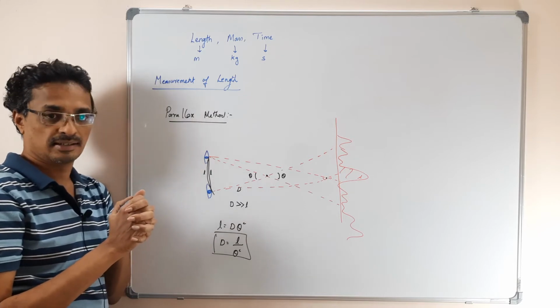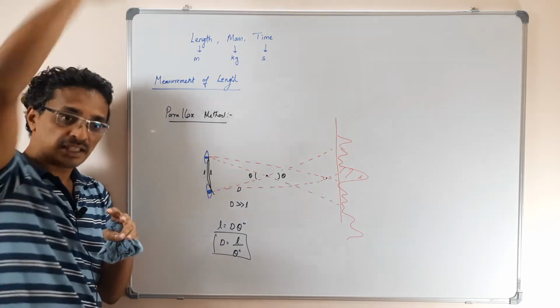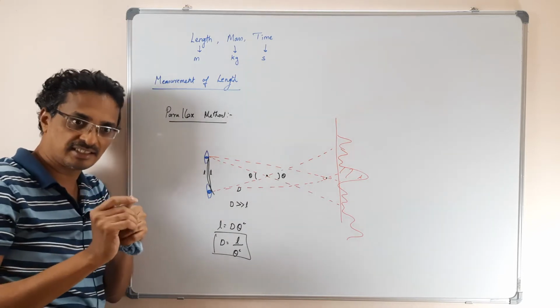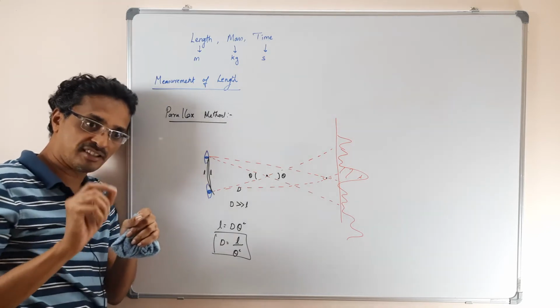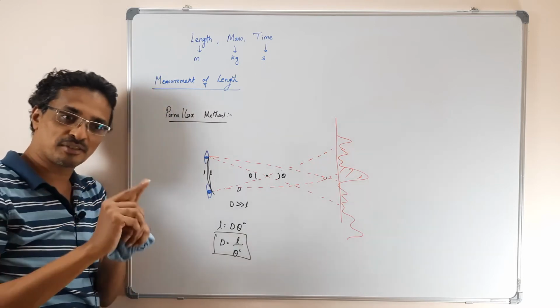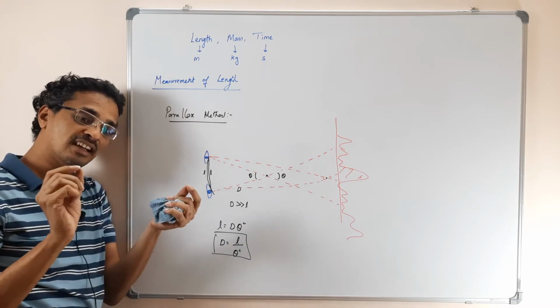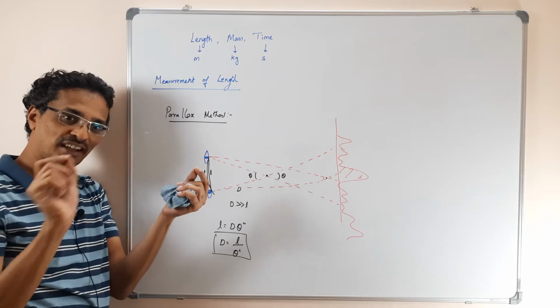Now for stars, the distance of a star is much larger than the size of the Earth itself. At the distance of a star, the Earth will be like a point, right? Two different locations on Earth are not going to make a big angle. A very small angle is a bit tough. So I don't take two places on the Earth; I take the position of the Earth at different times.